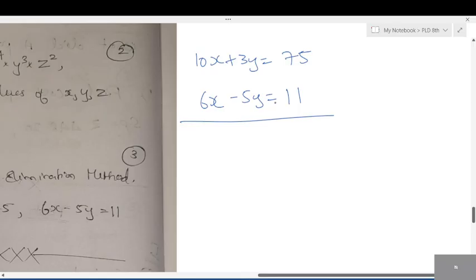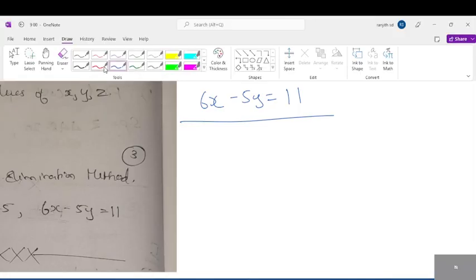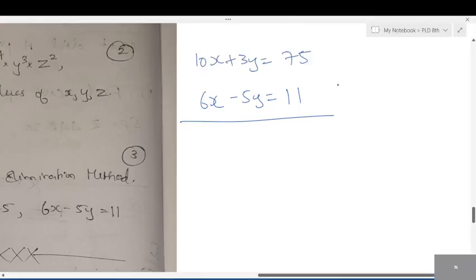Okay, Anya, answer this. How do you eliminate? What do you mean by elimination? You reduce a value, right? How can we eliminate a value? The coefficients should be the same and the signs should be opposite. Which one shall we take, x or y?